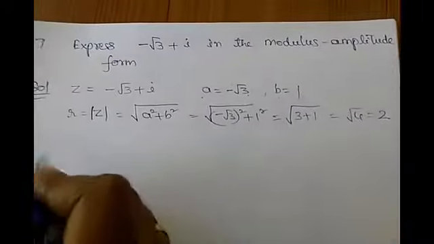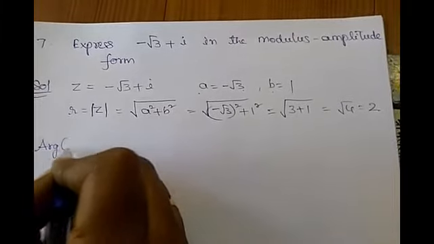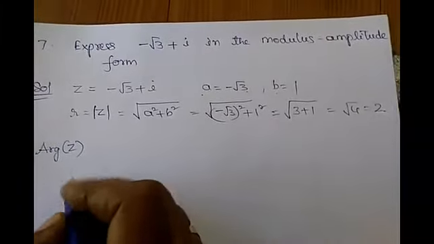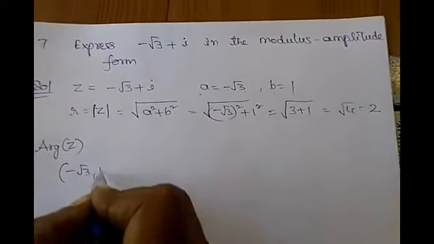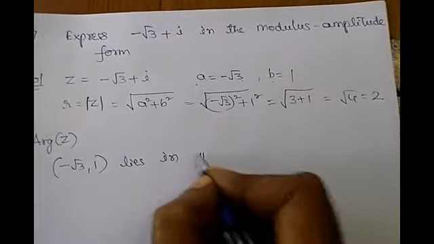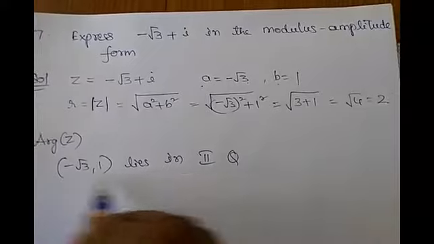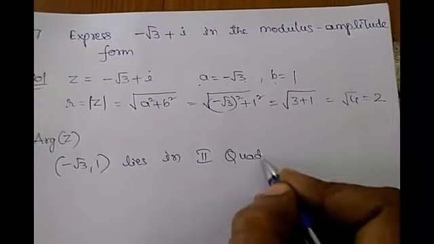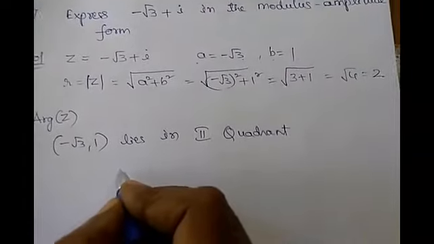R equal to 2. Now we have to find the argument of Z. The point minus root 3 comma 1 lies in the second quadrant. In the second quadrant, what is theta?